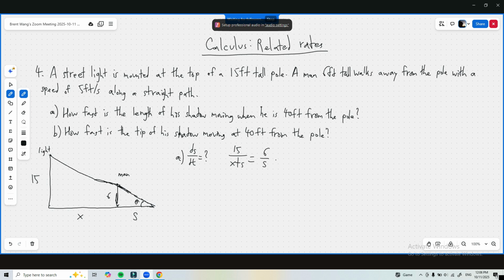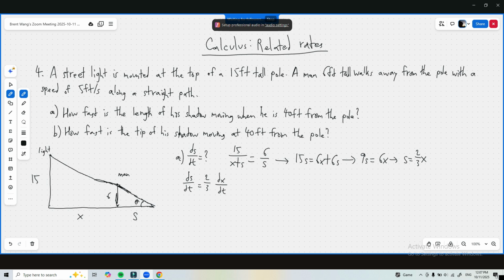So let's move this around a bit. 15s is equal to 6 times x plus s, or 6x plus 6s. So 9s is equal to 6x, so s is equal to 2 over 3 x. So ds/dt is equal to 2 over 3 dx/dt.